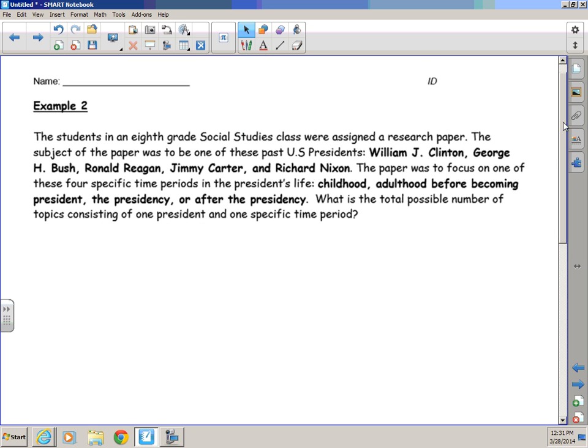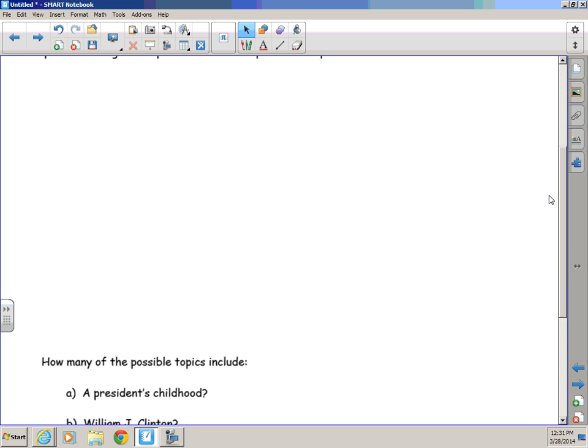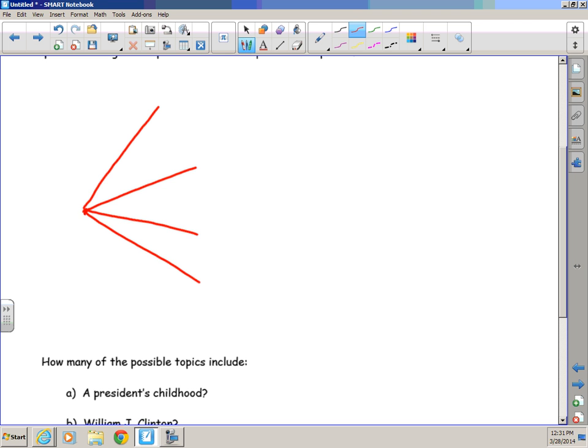Let me get this open as much as possible. Okay, so my presidents, I start here. I've got 1, 2, 3, 4, and 5. I'm going to use initials, WC for Clinton, Bush, Reagan, Carter, and Nixon. Okay? And then off of that are my 4 branches.